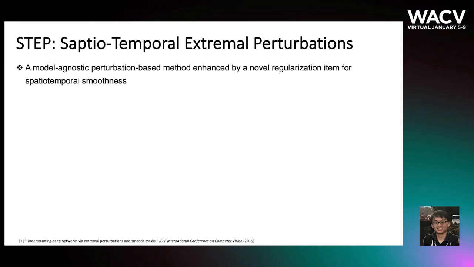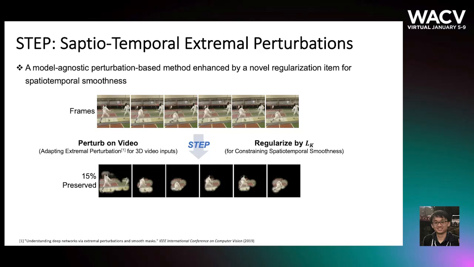In this paper, we propose a visual explanation method for video understanding networks. We call the method STEP. It is a model-agnostic perturbation-based method enhanced by a novel regularization item for spatio-temporal smoothness. The method tries to find a subset of the input which is as small as possible while retaining the prediction accuracy on a specified target label.